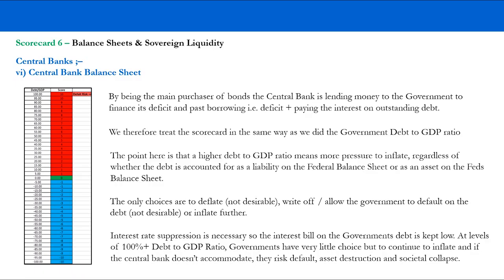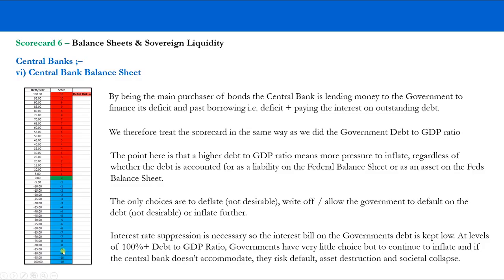And if the central bank doesn't accommodate this, they basically risk default or asset destruction and possible societal collapse. So now you can see how important this is and why quantitative easing has been so important to the US government, because it's kept interest rates low and debt has shifted across from the government to the central bank. But there are still obligations, obviously, from the government on this debt, and therefore interest rates through open market operations have to be kept low.